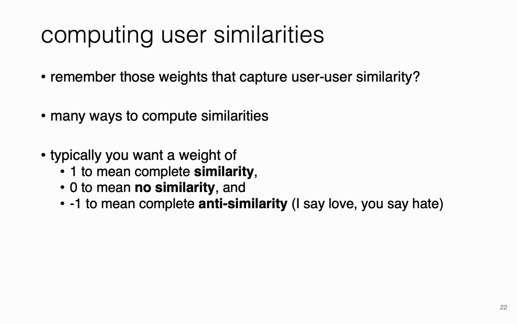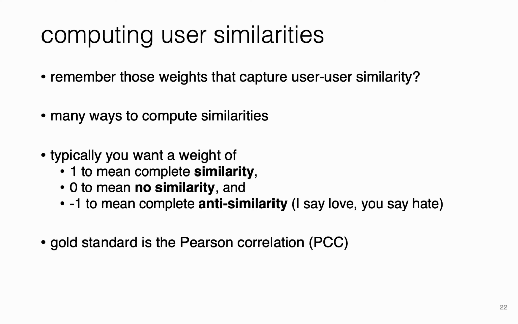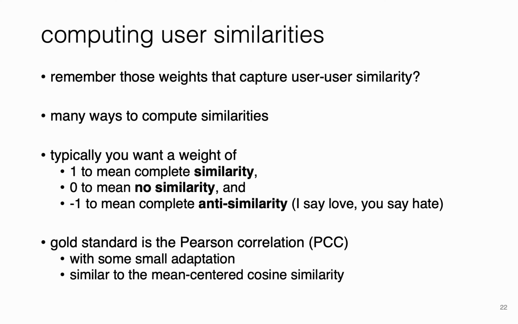Recall what we want from a similarity. 1 means complete similarity, 0 means no similarity, and -1 means complete anti or opposite similarity. The gold standard is to use the Pearson correlation coefficient with a small change. This is closely related to the mean-centered cosine similarity, as we will see.